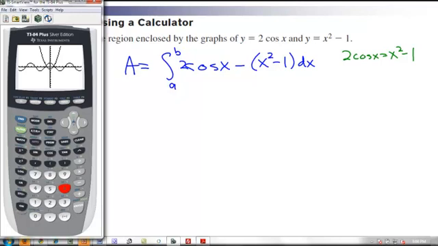Is there an identity that has 2 cosine x plus 1? I can, if you wanted me to, convert cosine into an infinitely long polynomial, but we don't want to do that today. What we're just going to acknowledge right now is that using normal algebraic methods, we've got nothing here.